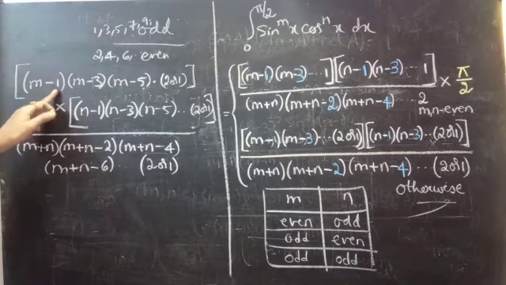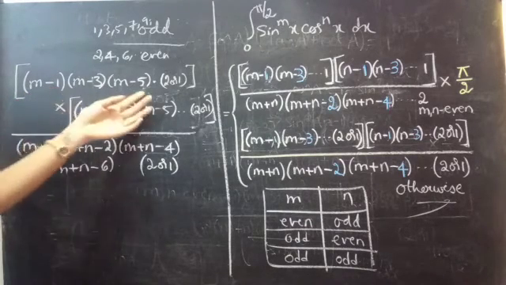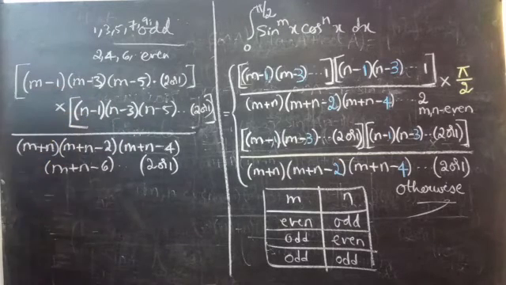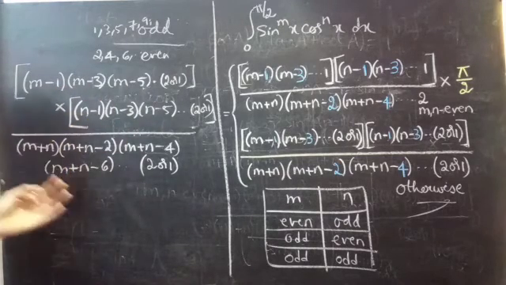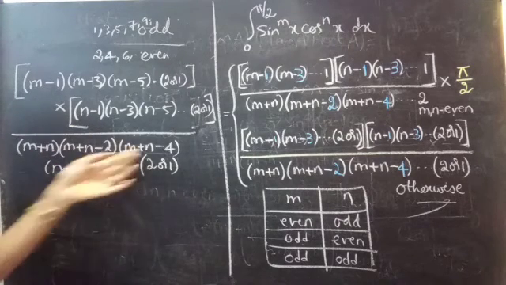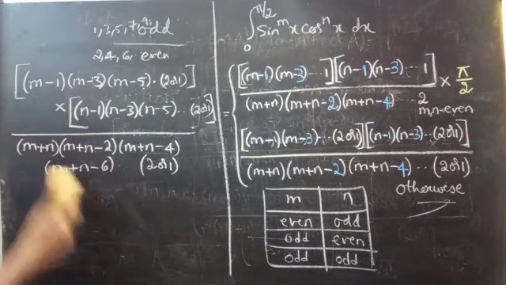Okay. See, you can notice here we are subtracting odd numbers from m and n, and coming to the denominator, you will subtract even numbers. Okay. Now let's see some problems.